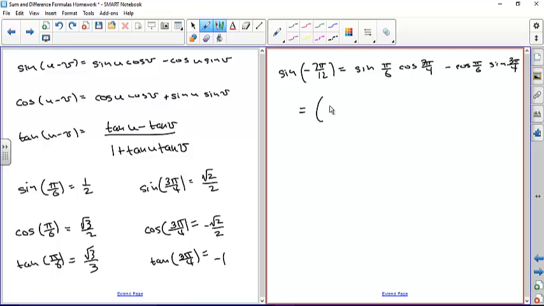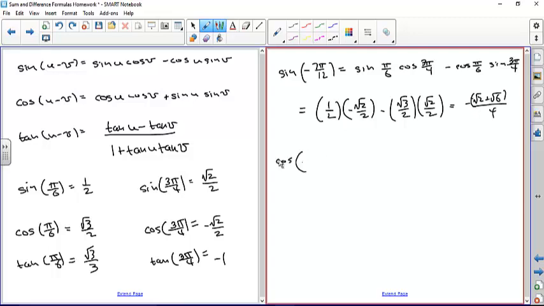Sine of pi over 6 is a half. Cosine of 3 pi over 4 is negative the square root of 2 over 2. Subtract the cosine of pi over 6, which is the square root of 3 over 2, times the sine of 3 pi over 4, which is the square root of 2 over 2. So what you get is negative the quantity square root of 2 plus the square root of 6 over 4.